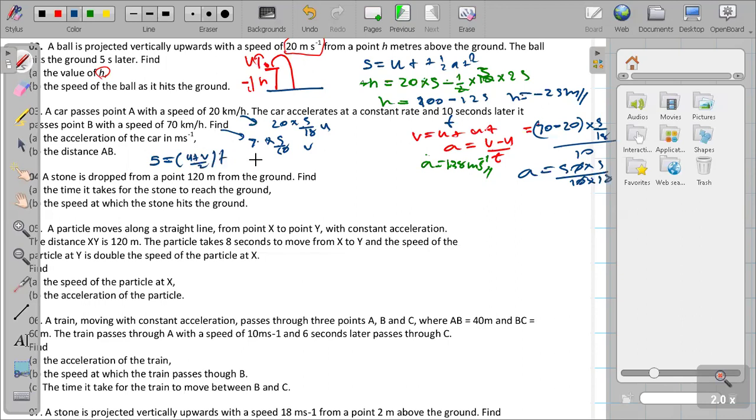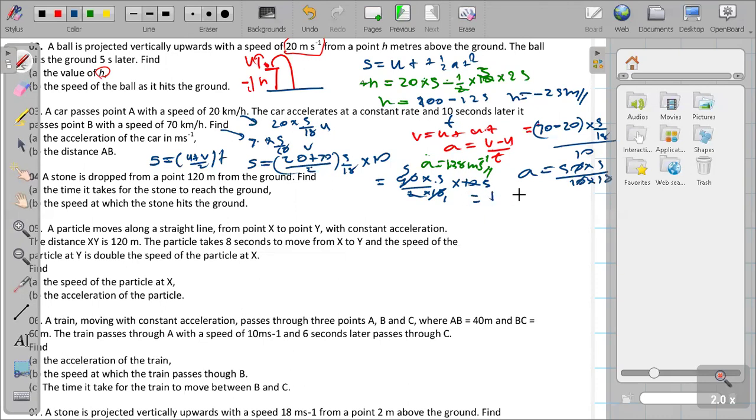You can apply to here. 5 times 5 times 5, 5 times 5 is 25, 25 times 6.